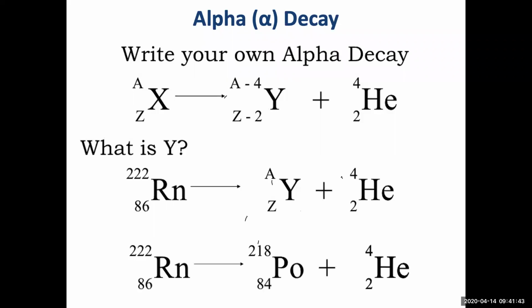Okay, you got it right: 218 and 84, minus 4 and minus 2. Excellent.